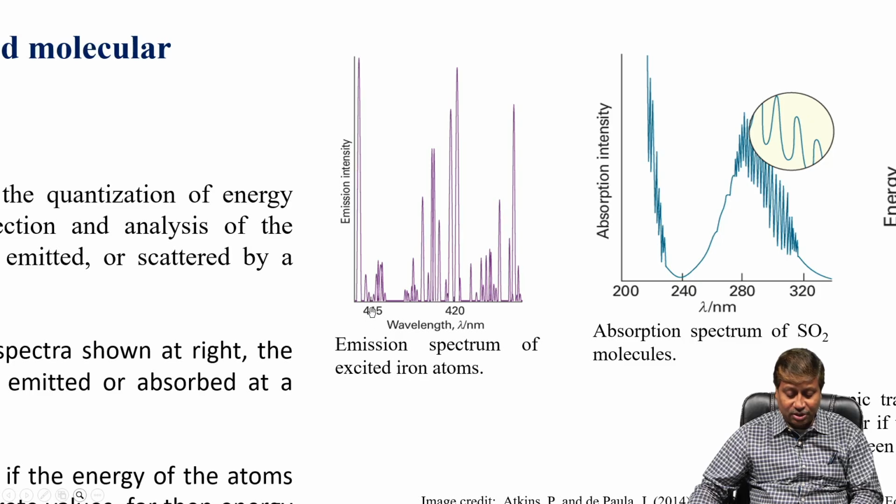This is the emission spectrum of iron, excited iron. You see these lines are discrete. Similarly, in some of the absorption spectra, particularly in gas phase, you also see discrete lines, like here, the absorption spectrum of the SO2 molecule in the UV region.